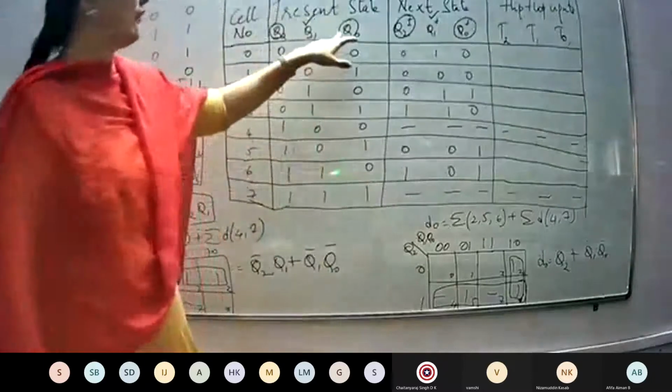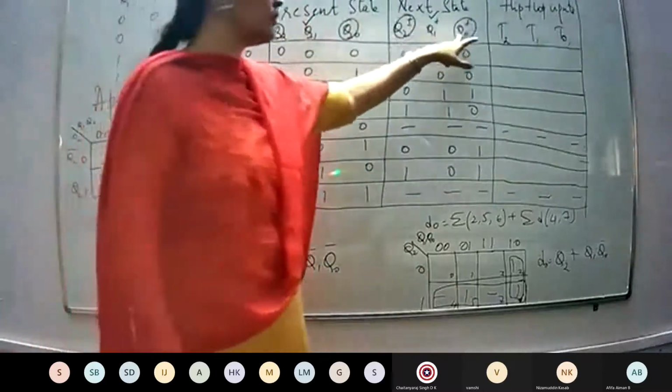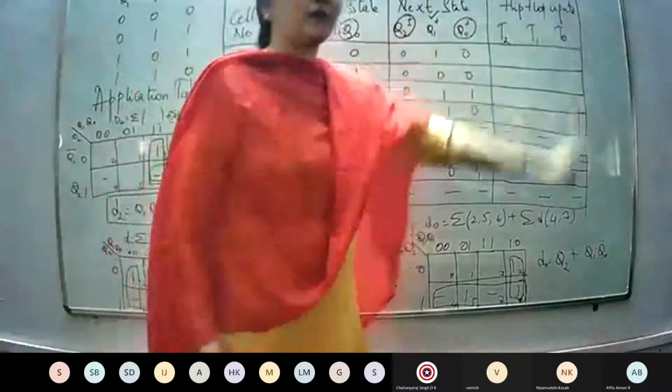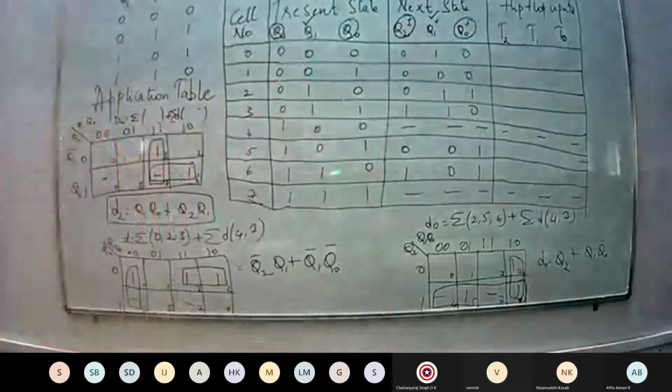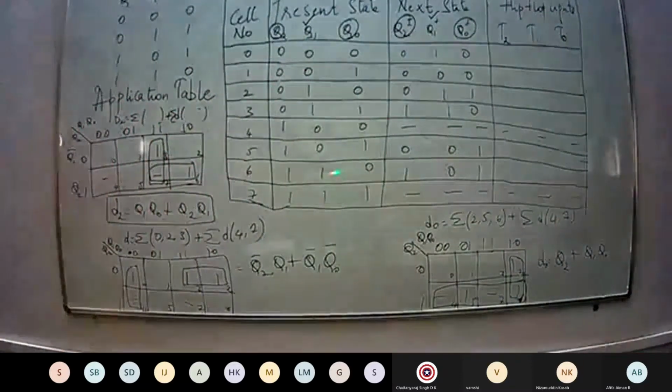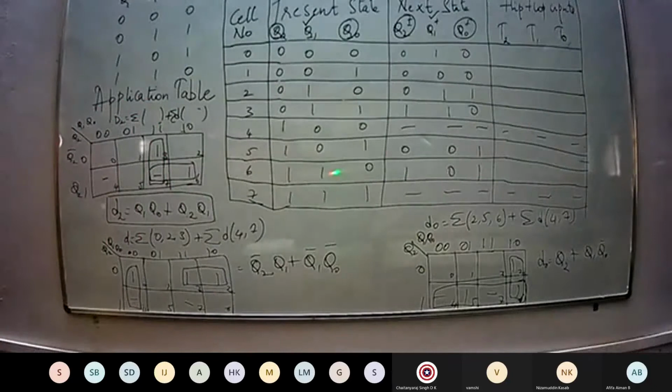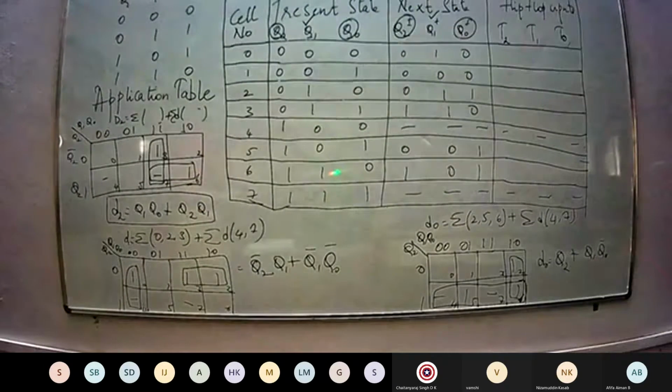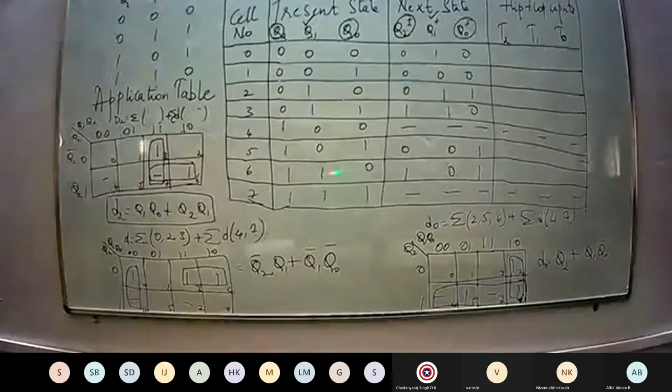In the same way, you have to see Q0 plus and fill T0. Fill up and tell me the answers.